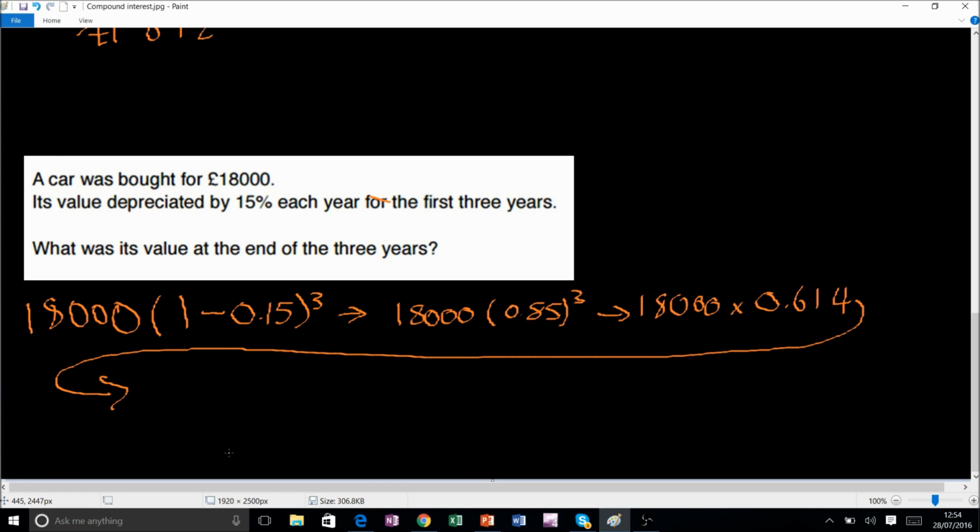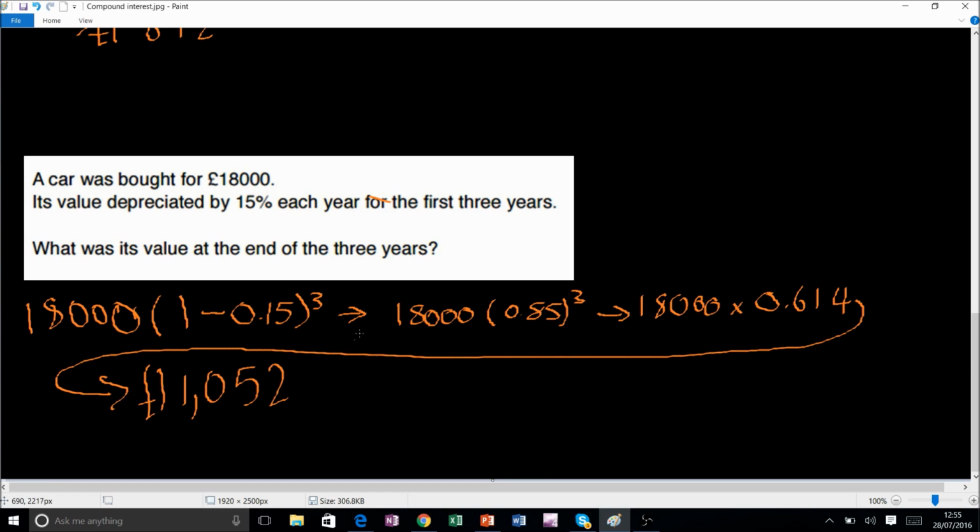So 18,000 times 0.614, and that's going to give us £11,052. Sorry, I said pence, it's 11,052 pounds.